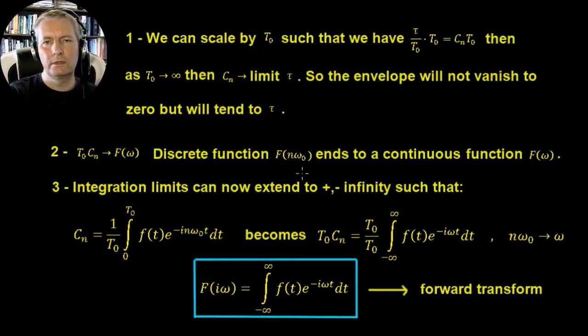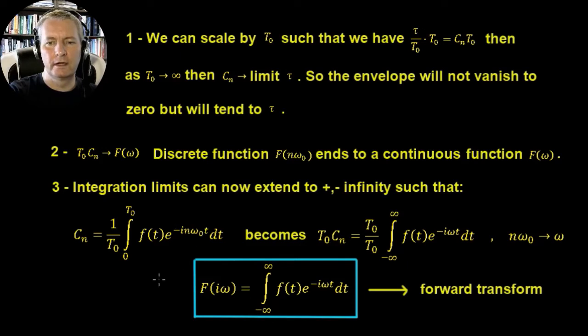So we can replace our n omega naught, that is the multiples of a fundamental frequency, with a continuous variable omega. Plus, as the period tends off to infinity, it means that we can now replace our limits with plus and minus infinity.